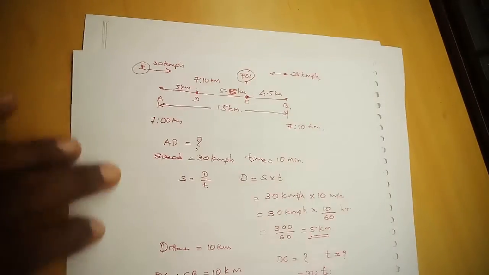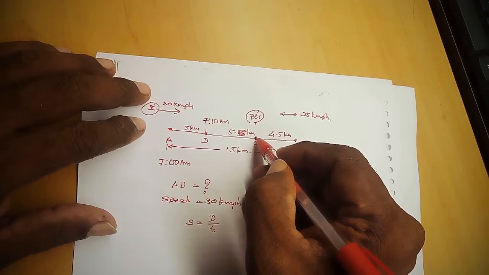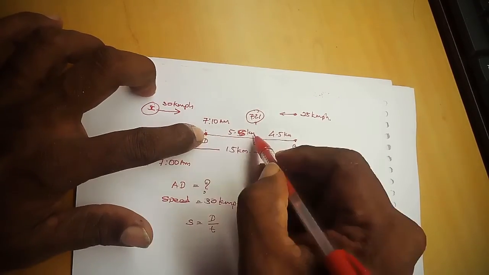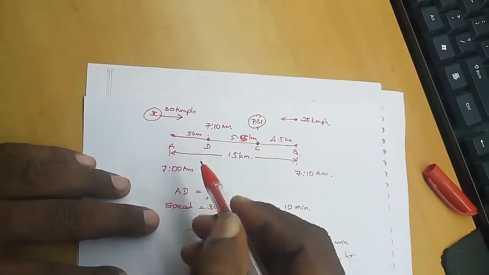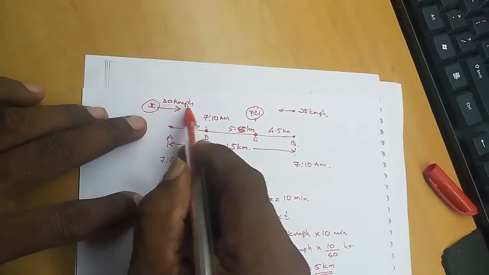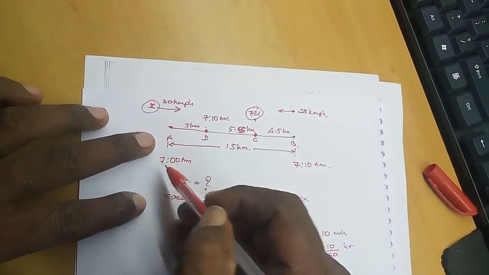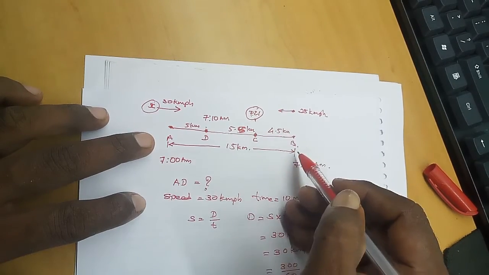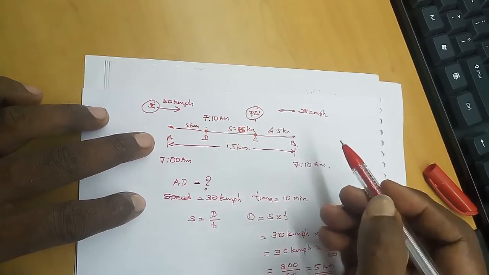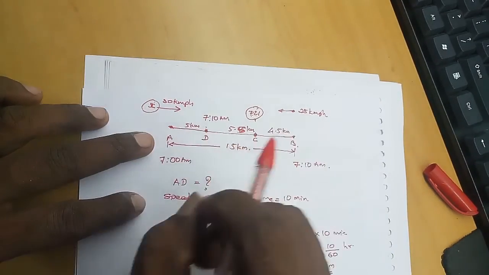So after 11 minutes he will reach here. They start at 7:10, so it is 7:21 a.m. Now the solution: X travels at 30 kmph from 7 a.m. and Y starts from B at 7:10 a.m. Both travel towards each other.